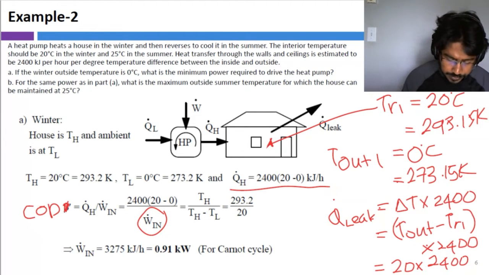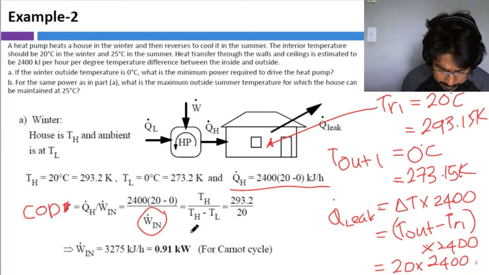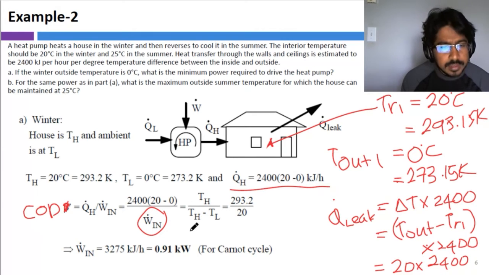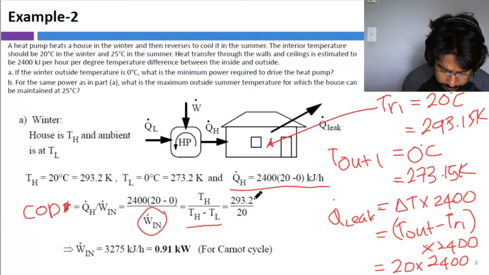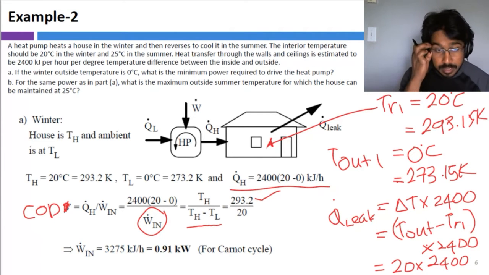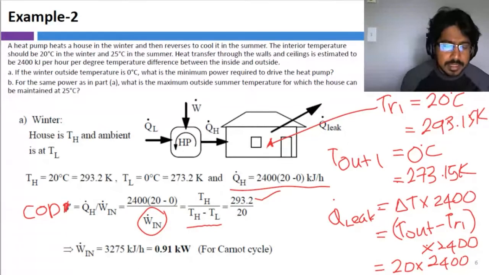And then with that assumption, we can say that the COP of a Carnot heat pump can be written as this: T high divided by T high minus T low, right? The high temperature is inside the house, which is 20 Celsius, and then we substitute in Kelvin. Very important. In Kelvin, if you substitute TH in Celsius, you are going to lose marks, and that is wrong as well, right?